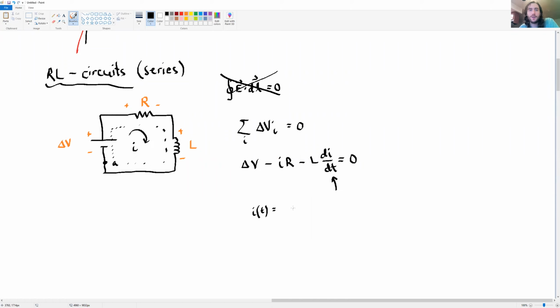Notice that if current is increasing in the circuit, for example, I have the circuit disconnected. If I put in a switch, there's zero current in the circuit. And then I flip the switch. What's going to happen is the current is going to begin to increase.